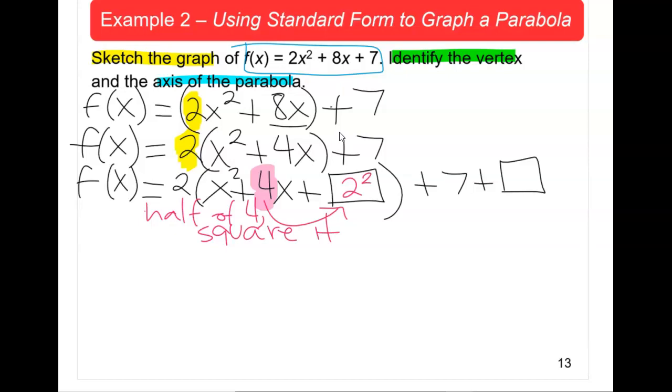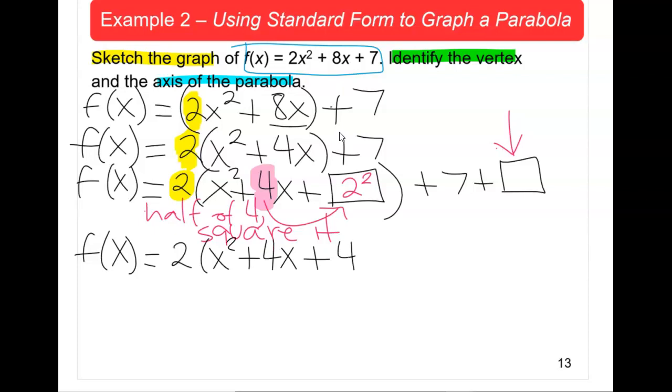Okay, then here we're going to need to enter a number as well. But that number is actually going to come from, and actually let's hold on that number for a second. So it will be 2x squared plus 4x plus 4.